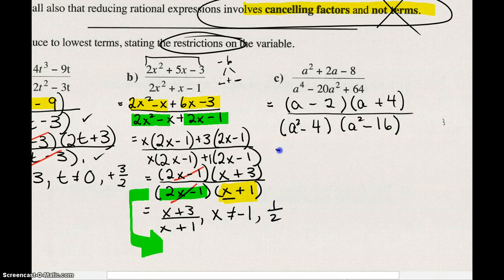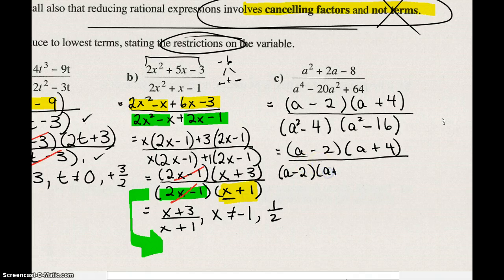Now here's the thing. We're not done yet, because on the top we're good. We'll just rewrite that. But on the bottom, I have difference of squares. So I have to go a minus 2, a plus 2, and a minus 4, and a plus 4. And I hear you groaning, because yes, there is an awful lot of steps here, and you just have to keep going.